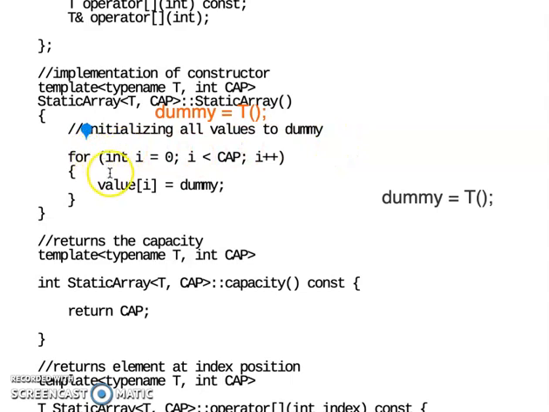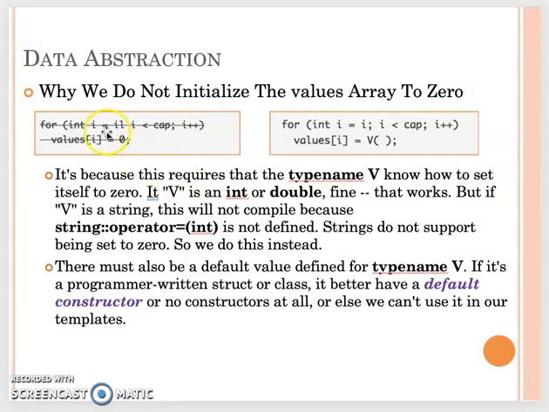Our purpose is to initialize all the elements equal to the default value, and dummy also equal to the default value. So be careful, I think a few of you got this one wrong. I'm not sure if I had an incorrect note for you or if you misunderstood something. So be careful about your assignment 3.